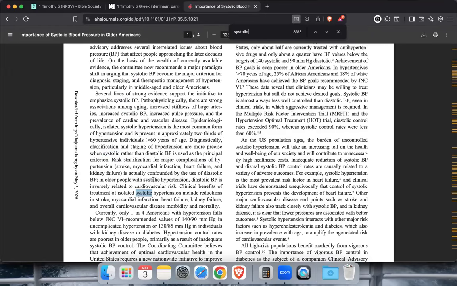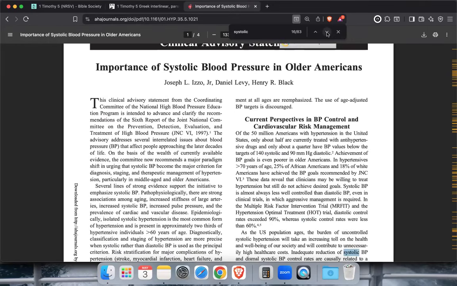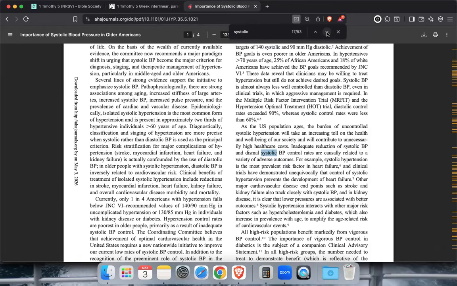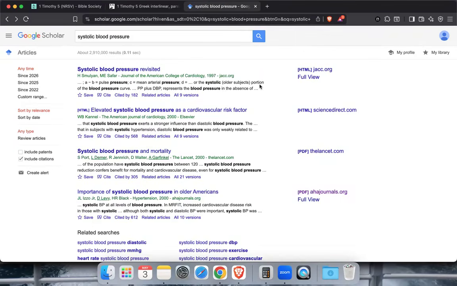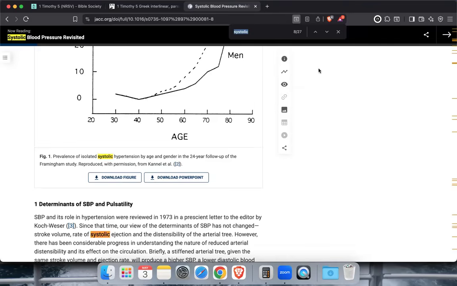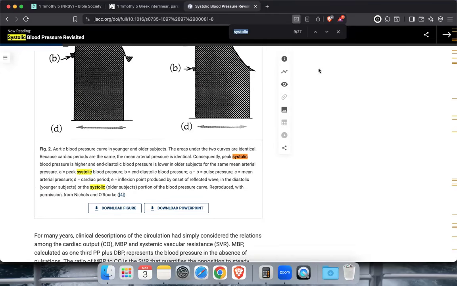So here they talk about systolic hypertension. And so sometimes when you're reading these articles, you learn something that you didn't know about. Like I didn't know that they specify hypertension by the type of blood pressure necessarily. So I'm not seeing any basic definition right now. So we'll go back to a different article, maybe this one. So it looks like they just think we know it already.